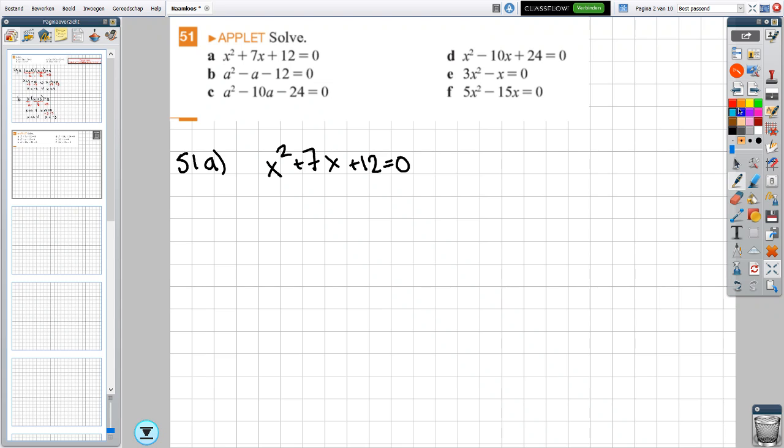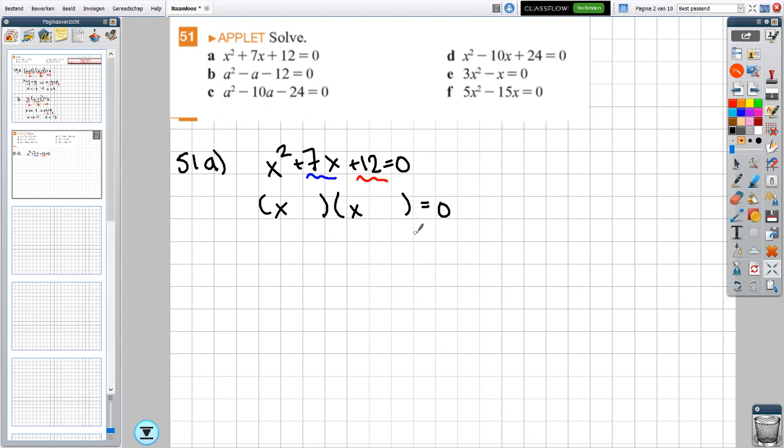So instead, I think the only choice that we can make is trying to take a look at the product sum method. What are we trying to find? We're trying to find two numbers which, multiplied, are 12 and, added up, are going to be 7. Remember, then we write it down like this.